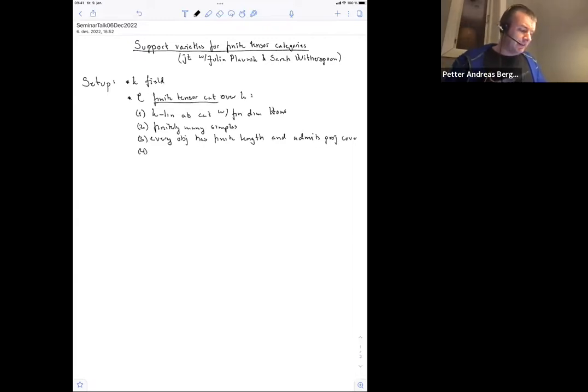Then there's the tensor product, which is just the structure of a monoidal category. So there's a bifunctor, which we should just call the tensor product, which is associative and bilinear.